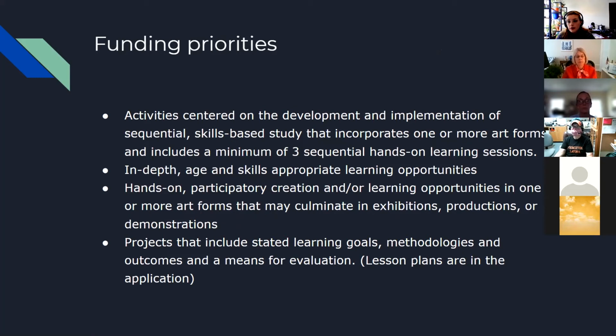And the grant requires a minimum of 3 hands-on learning sessions, in-depth age and skill-appropriate learning opportunities, hands-on participatory creation and/or learning opportunities in one or more art forms that may culminate in exhibitions, productions, or demonstrations, but does not need to, and projects that include stated learning goals, methodologies, and outcomes, and a means for evaluation. And this will be tracked with lesson plans, which are included in the application.